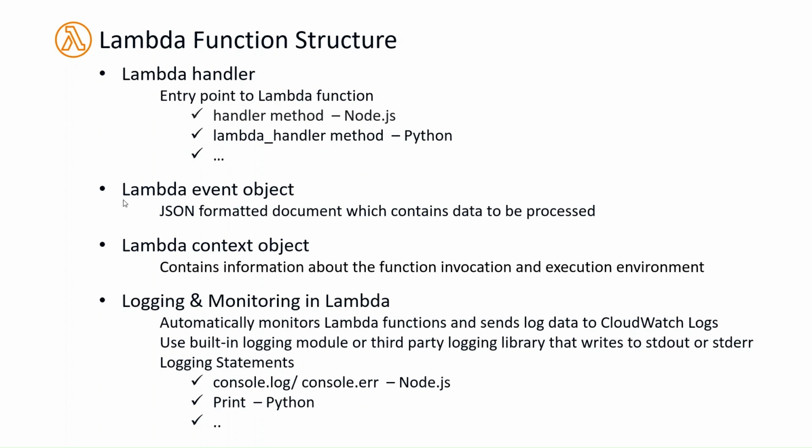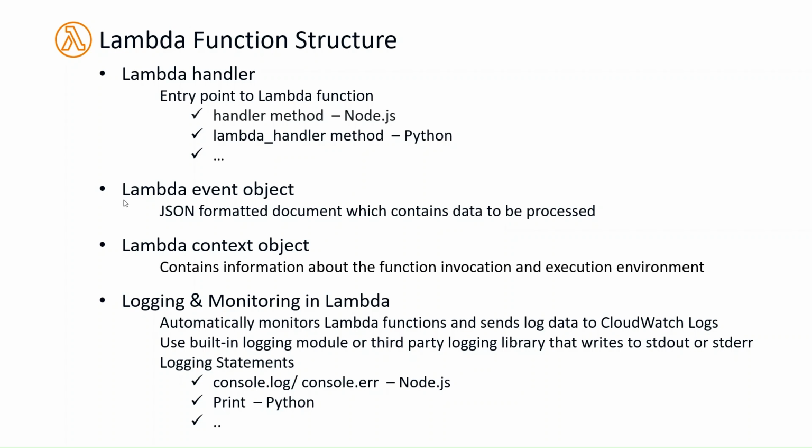Next, the Lambda context object. The context object contains information about the function invocation and the execution environment. Lambda passes the context object to the function automatically. The context object can be used to output information about the function's invocation for monitoring purposes.